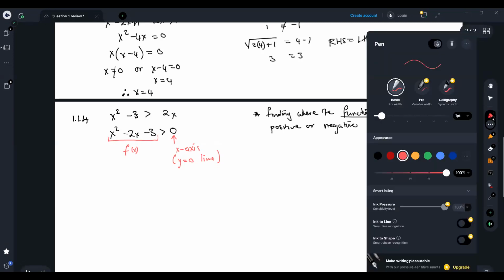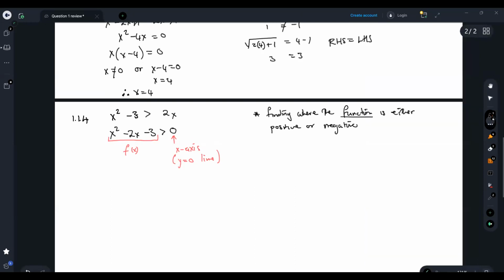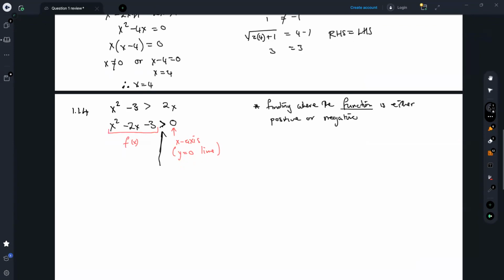So here we have the symbol greater than. When I'm reading it from left to right, we're saying f of x is greater than the x-axis. So you can think of it in a couple of ways. You can think of it as above. So f of x is above the x-axis. So we are looking for the place where the function is above the x-axis.